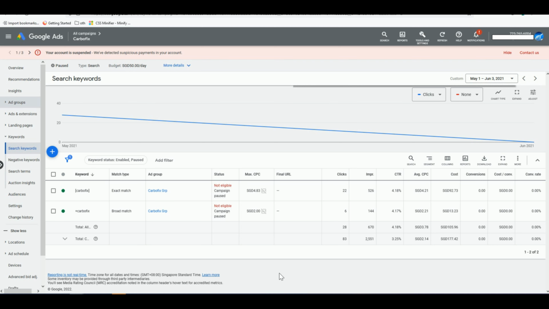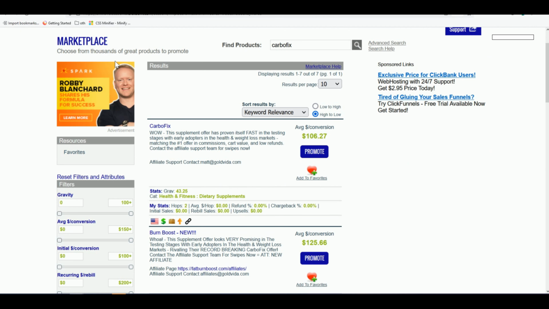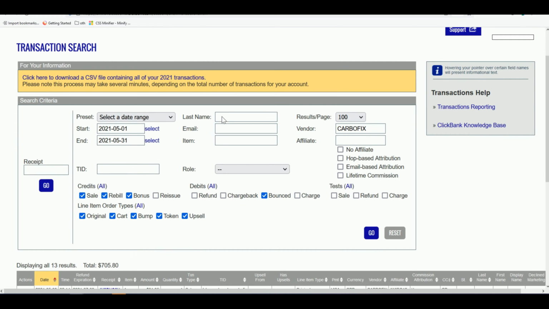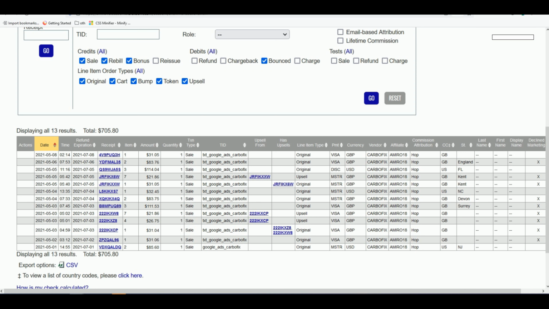All right, now going back to ad groups, as I mentioned here, spend of total 177.42. Now let's have a look at the result. Here, as you see, the range is from May 1 to May 31, but originally I just ran the ad from May 1 to May 8, and I stopped the ad around May 10.